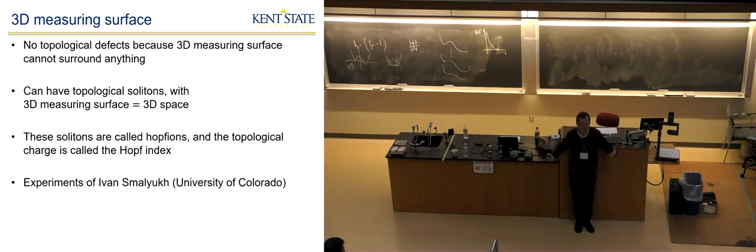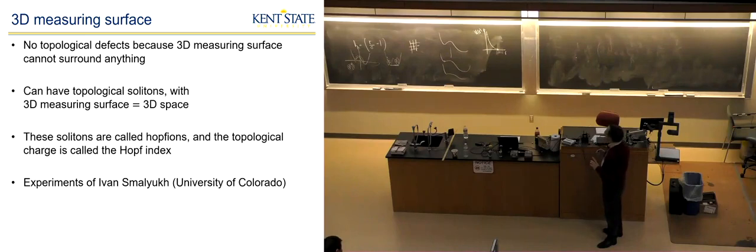So instead, we just have solitons that are associated with it. You can say, let the 3D measuring surface be the whole 3D geometry of a liquid crystal cell, and there are solitons that are characterized by that whole topological invariant.